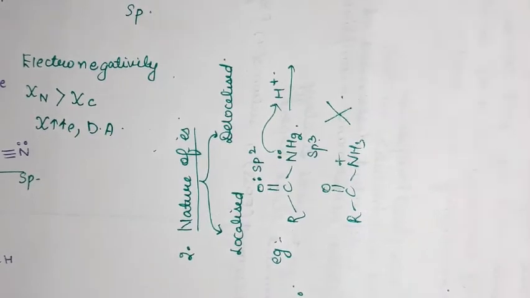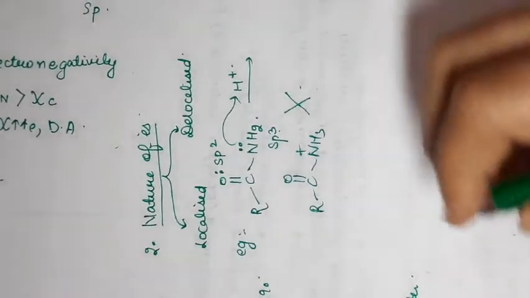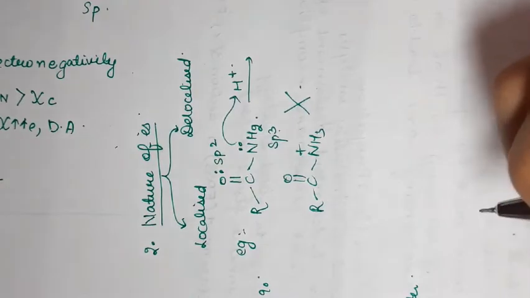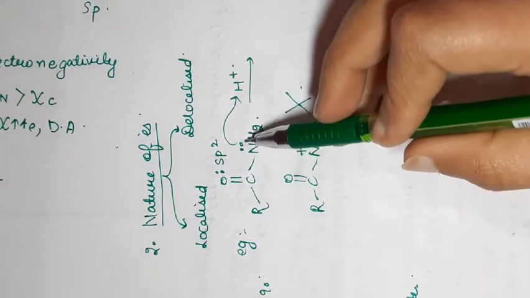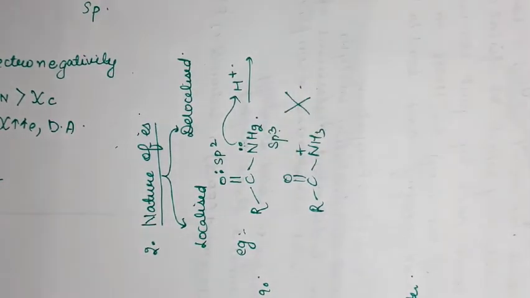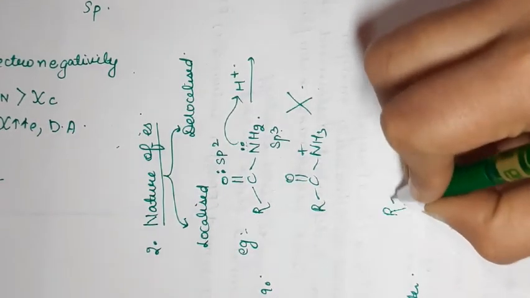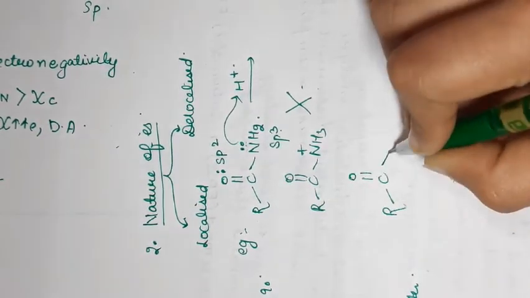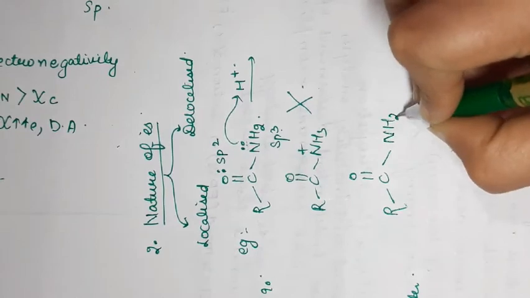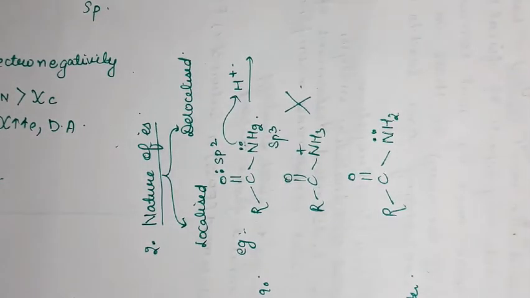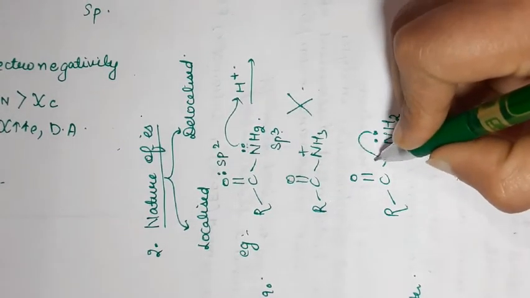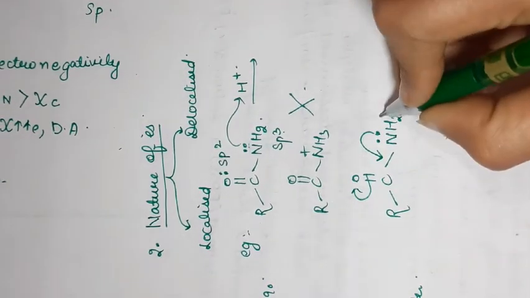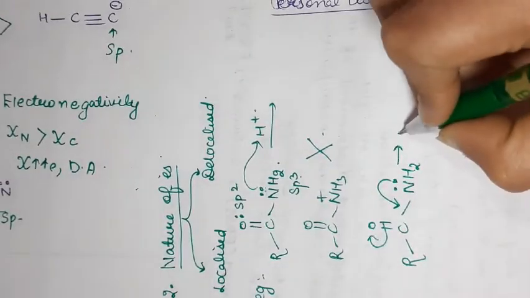However, this is wrong. Why? We need to consider whether these electrons are localized or delocalized. See, when we draw this compound, we know that the electrons are not localized on nitrogen. They are delocalized like this and lead to the formation of resonance structure.